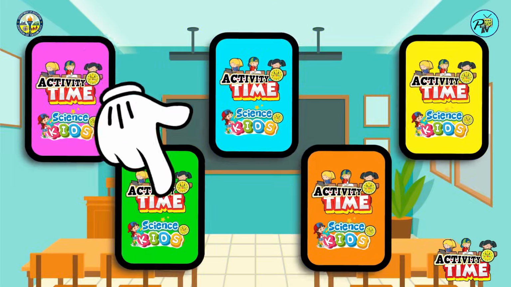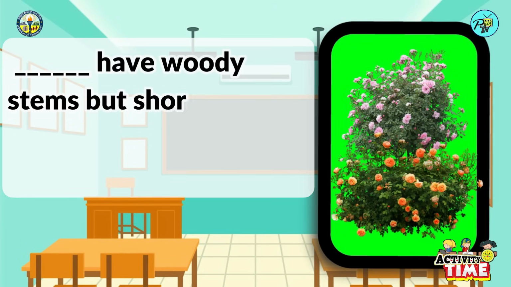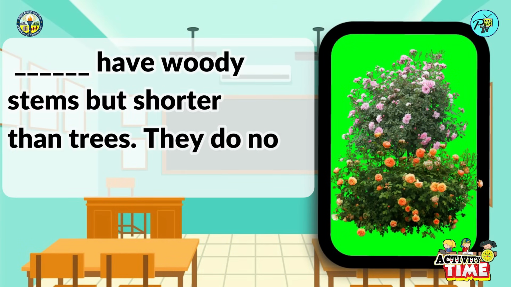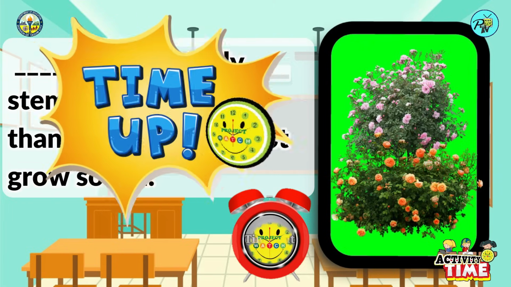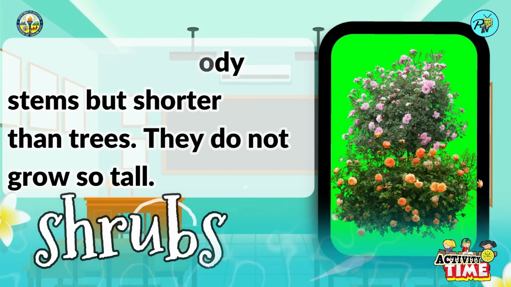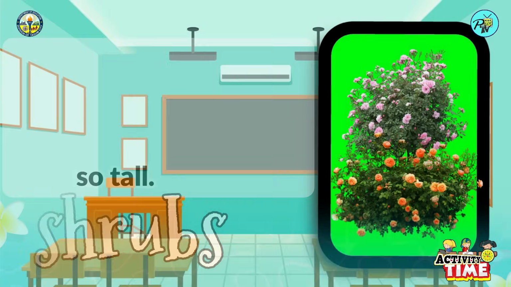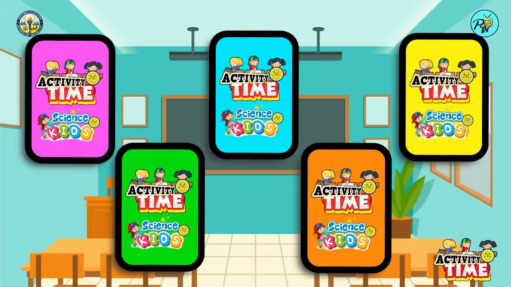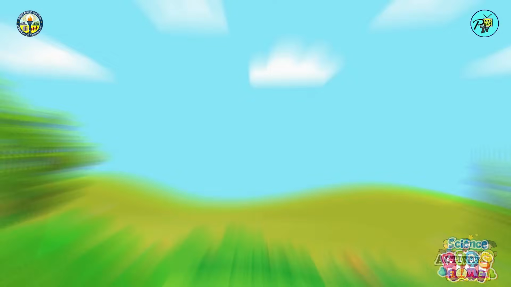And let's have the fifth card. They have woody stems but shorter than trees. They do not grow so tall. What is your answer? Very good, kids. They are called shrubs. Excellent! You really learned a lot from your previous lesson. Keep it up!